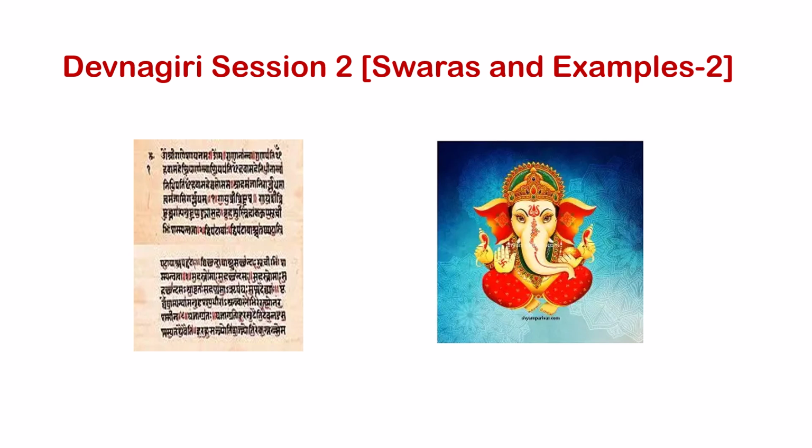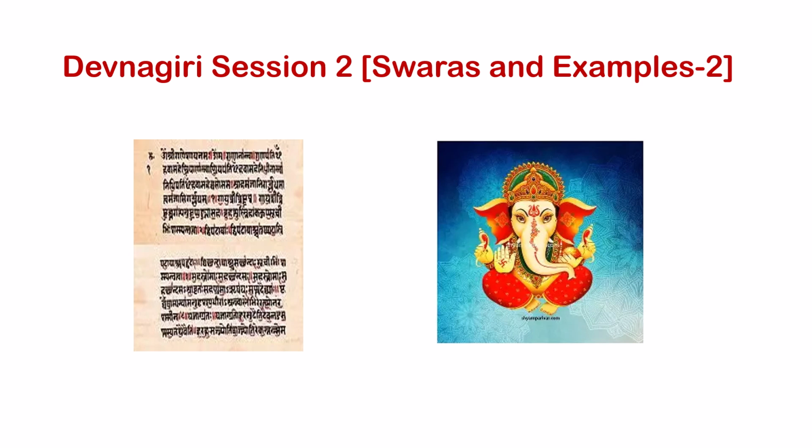Now, I told you it is a mixture of two swaras. Which are those swaras? If you noticed by hearing, it is actually a combination of A and E. A plus E. Raswa A and raswa E together become this swara.